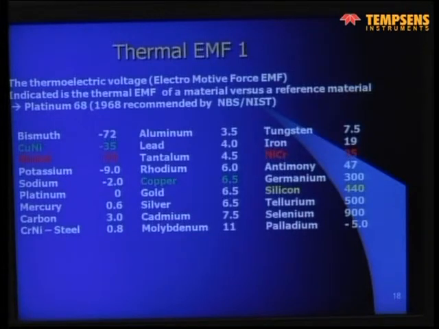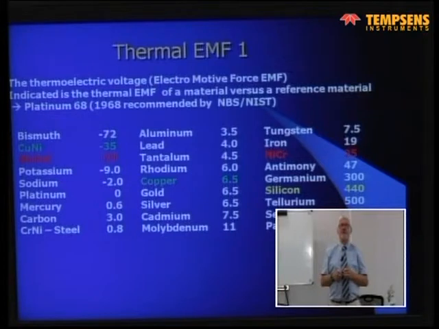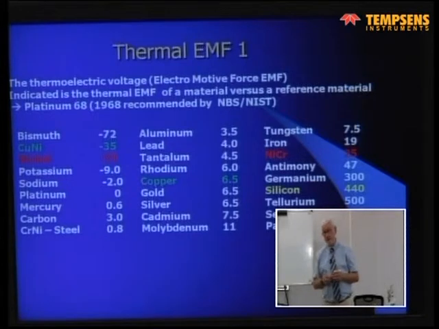It is a special kind of platinum wire with specific impurities, and this material is used to measure the Seebeck coefficient for the different alloys. For example, in the left-hand column, the second from above, copper-nickel, used as a thermocouple against this platinum 68 wire, produces minus 35 microvolts per Kelvin.